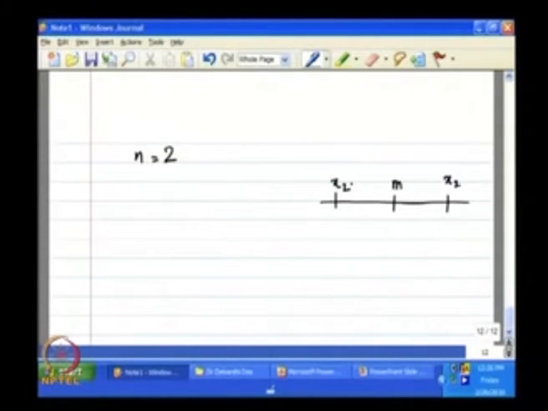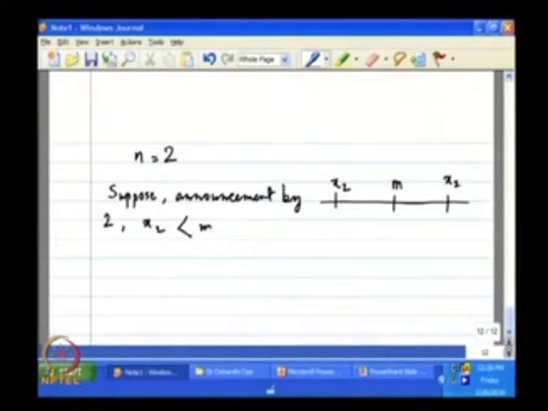So, x2 is the announcement made by candidate 2. X2 can be of different values, it can be less than m, it can be more than m. If it is less than m, suppose announcement by 2 x2 is less than m, then what is best for candidate 1 to do?